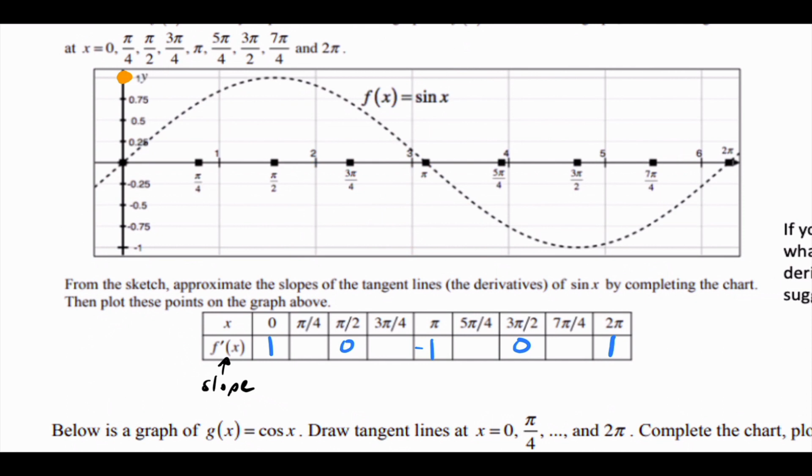Pi over 2, 0. Pi, -1. 3 pi over 2, 0. 2 pi, +1.